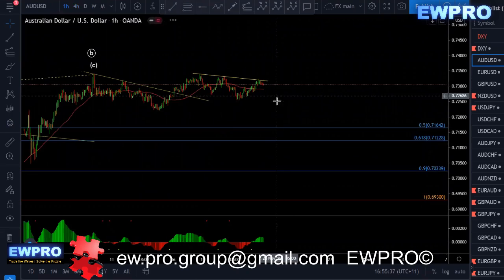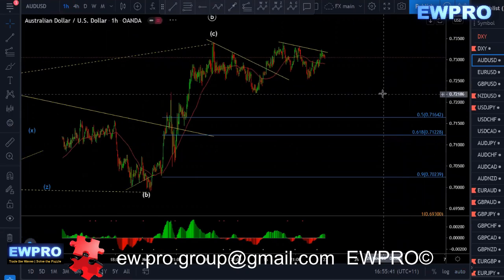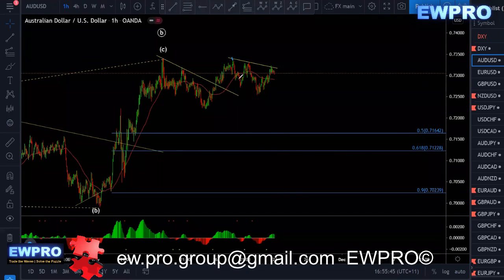We go down onto the H1. You can see that we're getting this up here after this impulse. We got this impulse here. We did have that sharp move down. But this is just one wave.